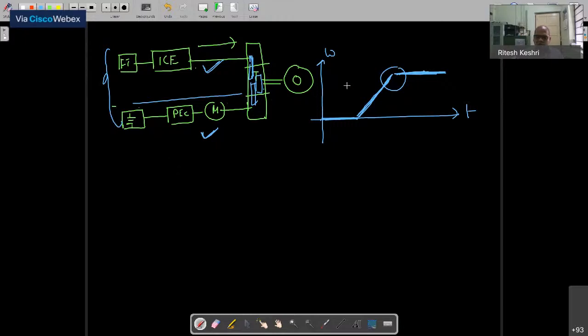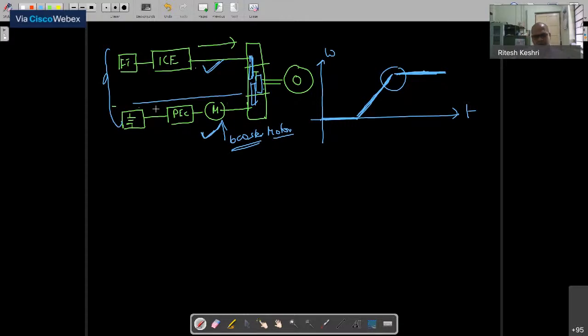Under such a situation, when your purpose is only to accelerate, here, or start and accelerate here, these motors are called booster motors. Booster motors have very high power rating, but they cannot run continuously with your system because they are designed to deliver very high power for a short duration. The objective is maybe the acceleration for, let's say, 10 seconds, 20 seconds. So that is the purpose, basically.